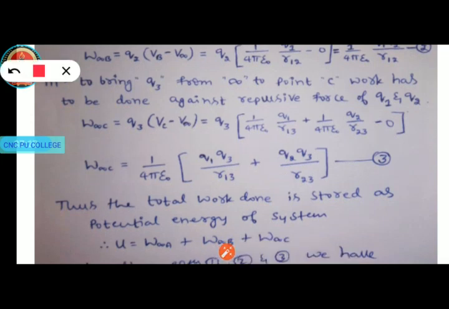Take your own time for understanding this. So W infinity C is equal to Q3 of VC minus V infinity. Just focus on this VC, potential at C. That is 1 by 4 pi epsilon naught Q1 by R13 plus 1 by 4 pi epsilon naught Q2 by R23.